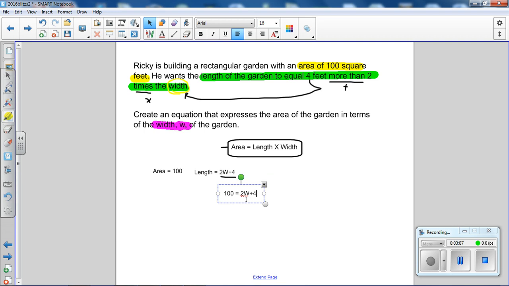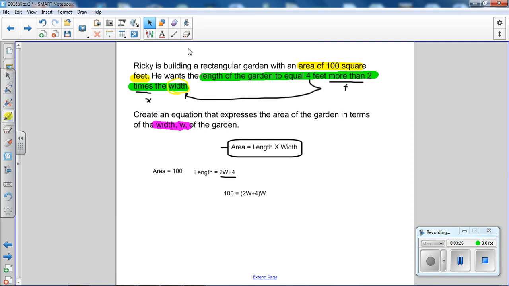But we still don't know what our width is. Therefore, remember when we're multiplying, we're still going to multiply this times W again. Now we have this in terms of W. Notice that our variable is still W. This is one way we can write this.